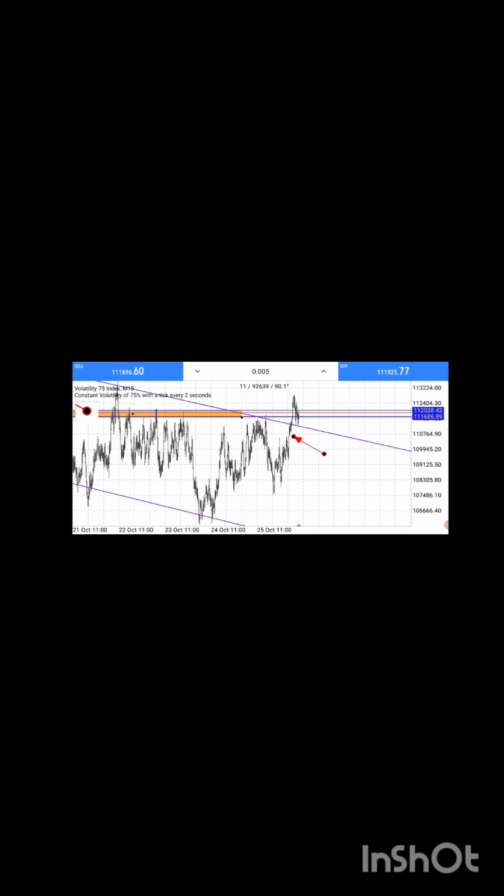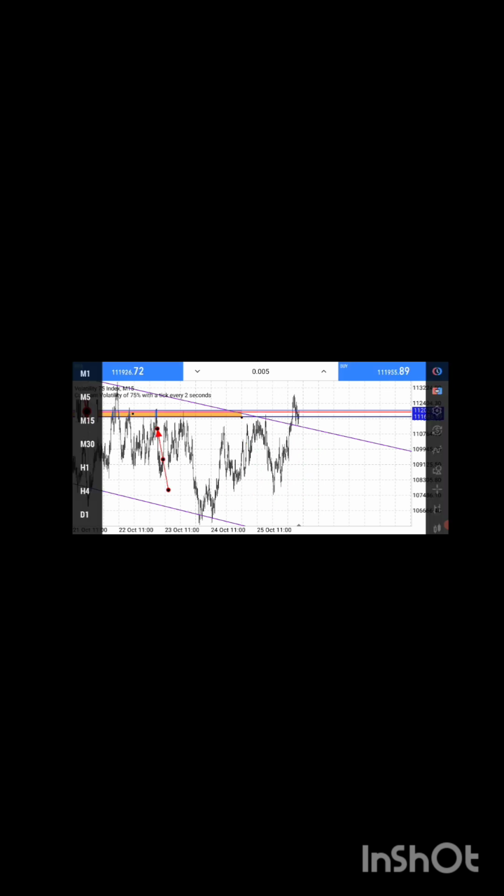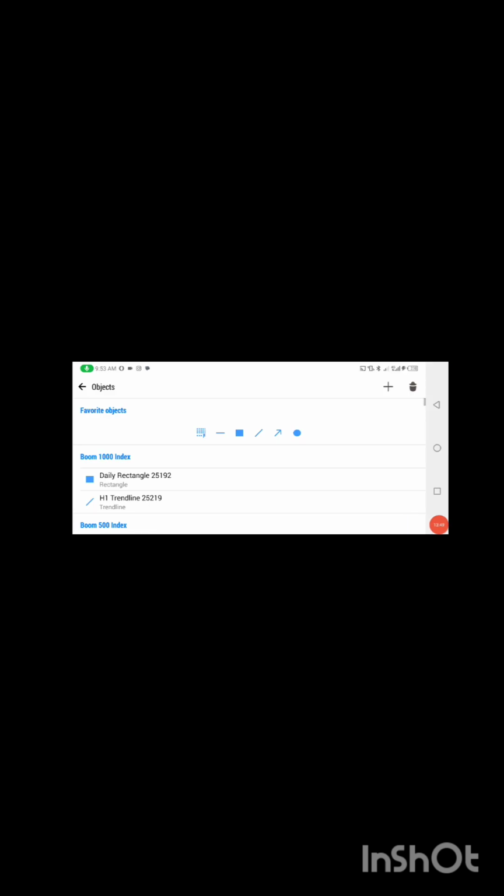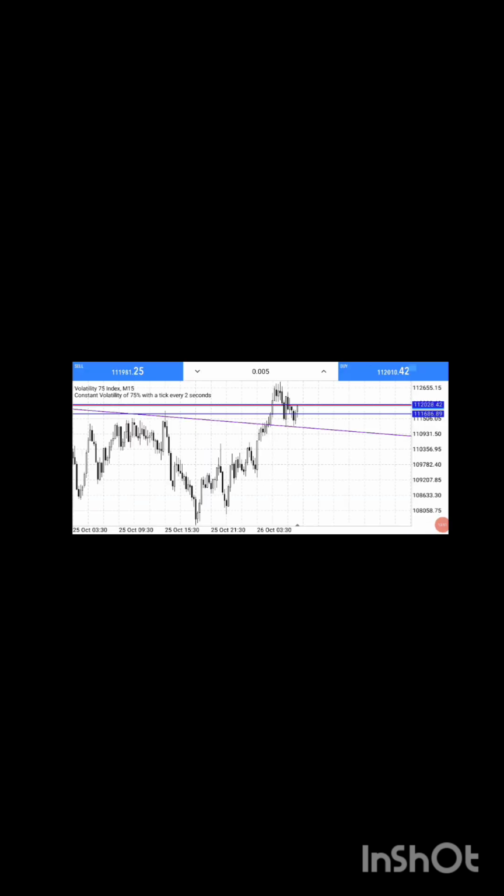And so we can buy this market, and for us to buy this market, we also run another supportive and resistive analysis to see where we can place our SL and also the entry. So this is a support. The strength of this support is bigger than the strength of the resistance there.